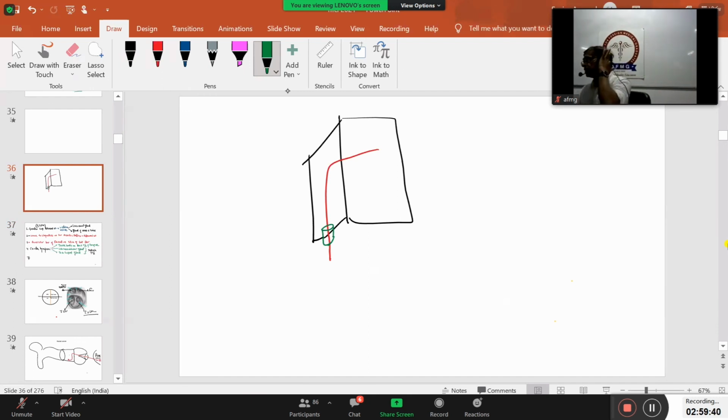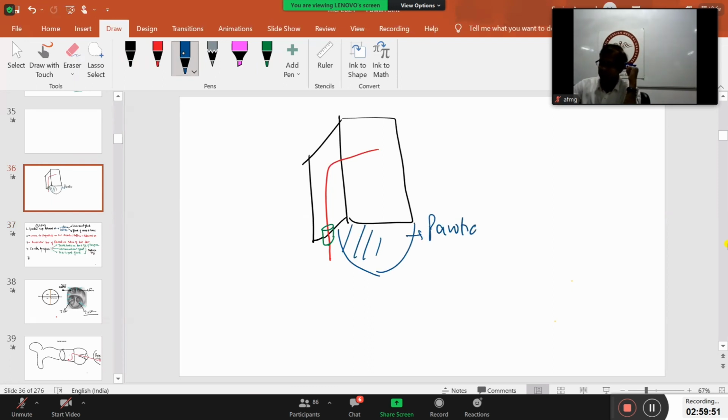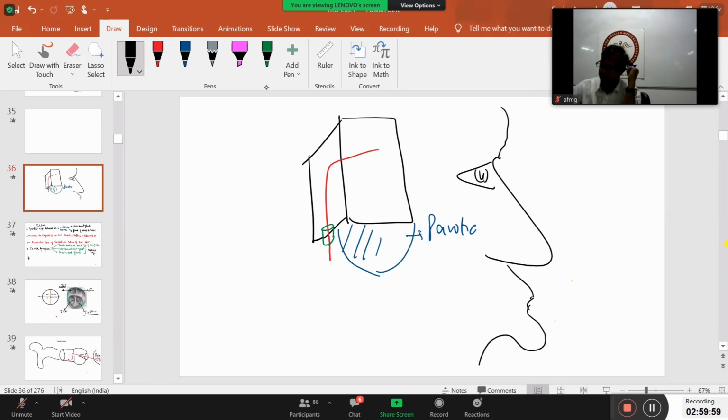Which gland? Parotid gland. So there is a parotid gland here. And there is a face here. Okay. Like this. So this nerve enters the parotid gland. This is the seventh branch. This is the last branch. 7 branches.